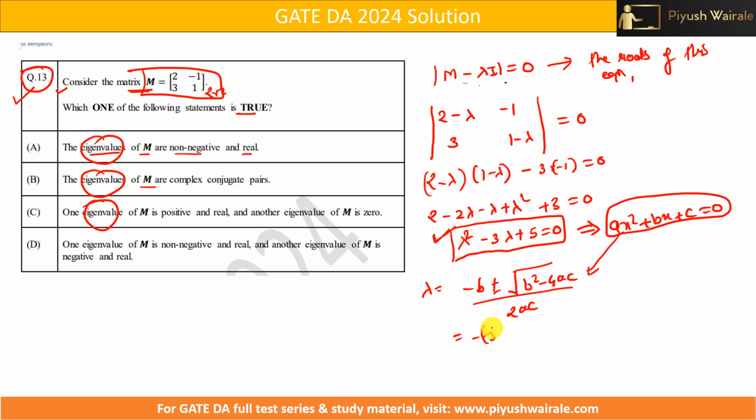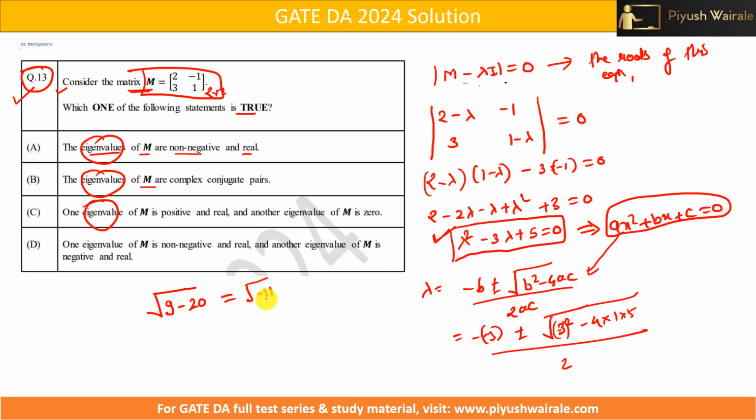So minus of minus 3, plus minus square root of b square minus 4ac, upon 2a. Since b is 3, that is 3 square minus 4 into 1 into 5, upon 2. Now if you observe the term under the root, b square minus 4ac, that is 9 minus 20, which is minus 11.